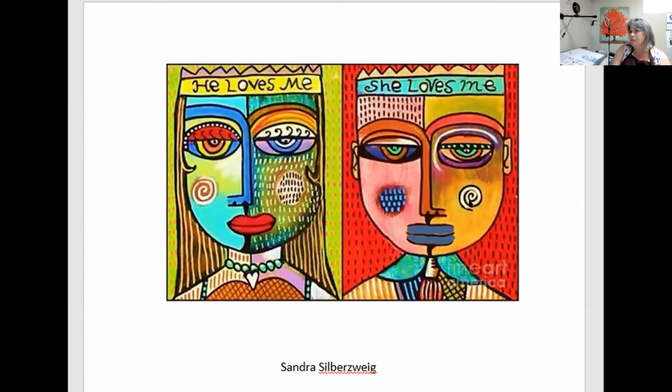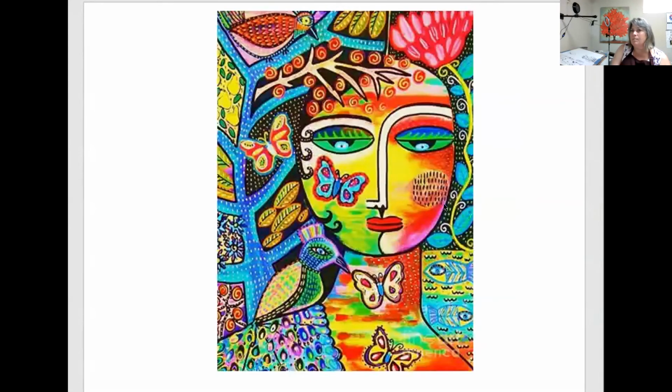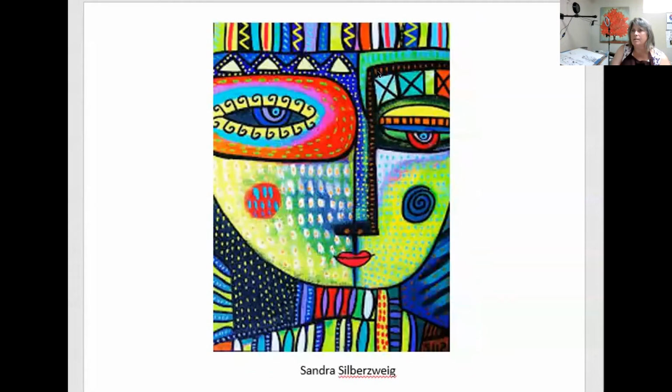She often has these circles on the cheeks. And she also does a lot of patterning, lots of dots and stuff. But notice this nose here, how it joins in with the eyebrow. Okay, that's one of the things that's in almost all of her work.